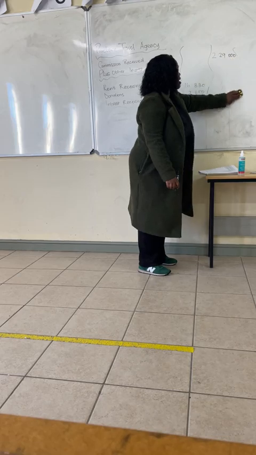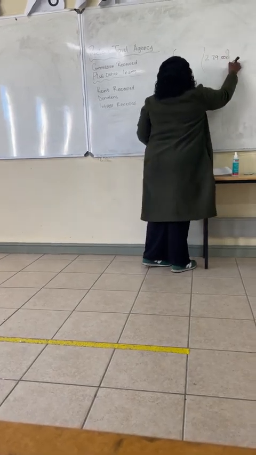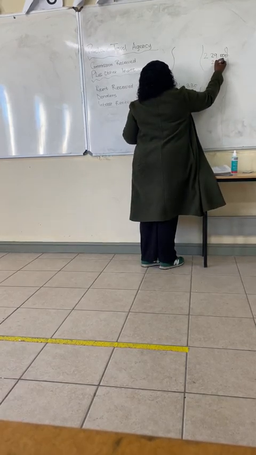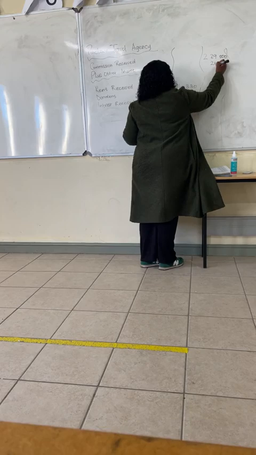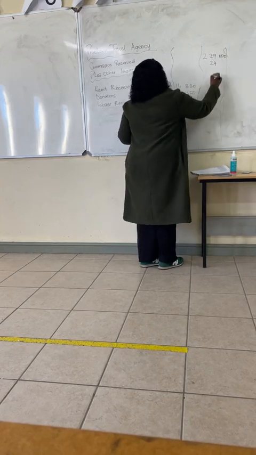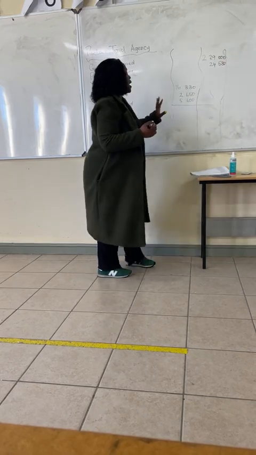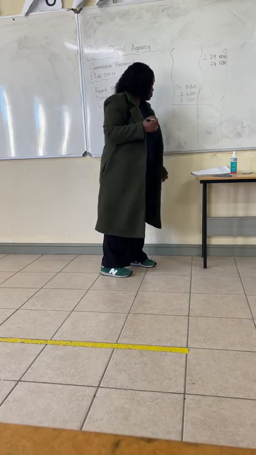Let's start from scratch and then you give me the numbers one by one. So it's 24,000. 580. Okay. And the total?